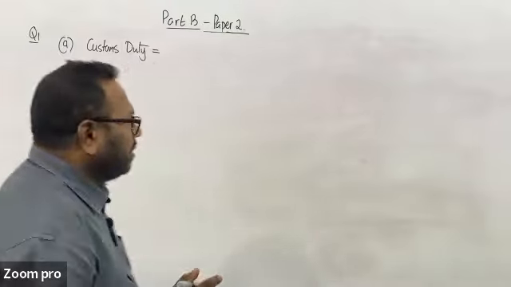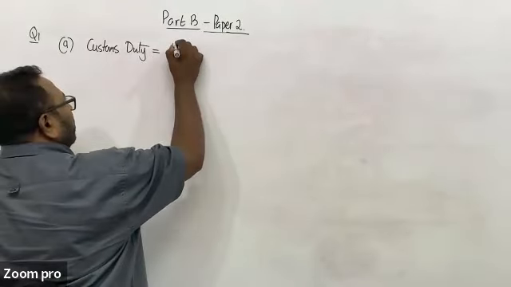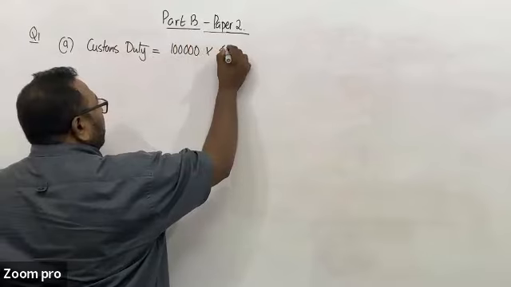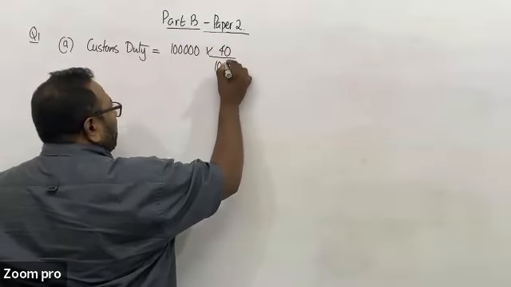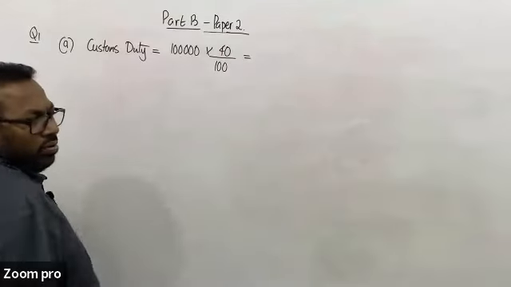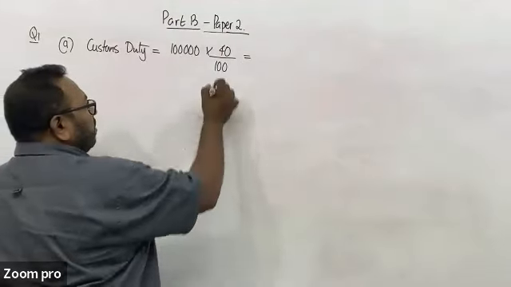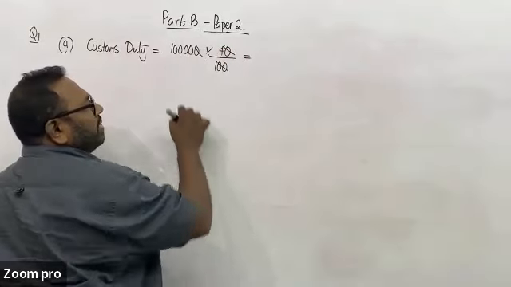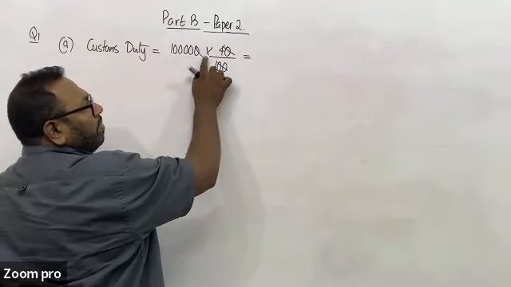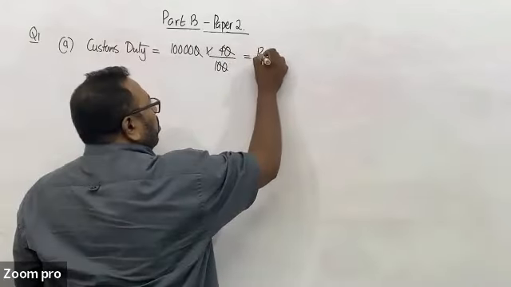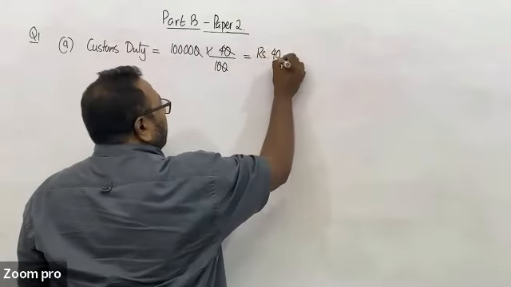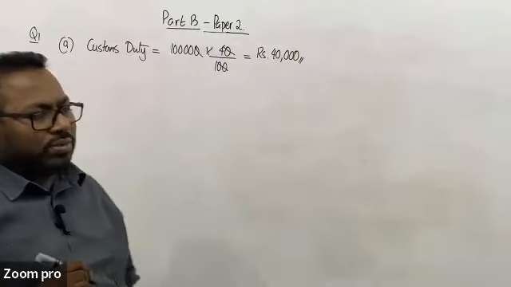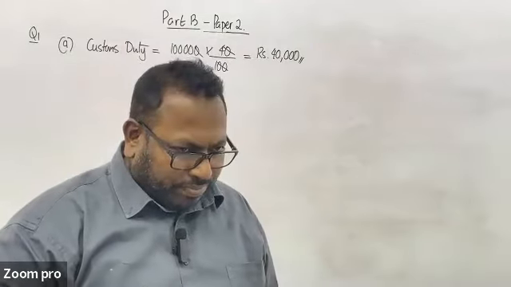So customs duty is 40% of 100,000. So 100,000 into 40 over 100. Simplify, easy. The zeros cancel. 10,000 multiplied by 4, your customs duty is 40,000 rupees. That is your first question.